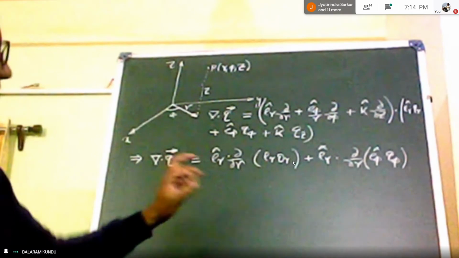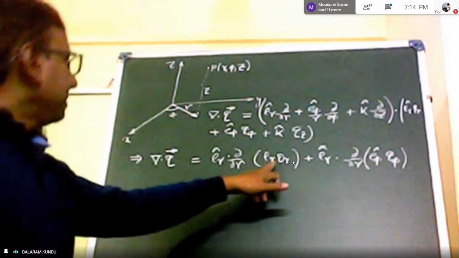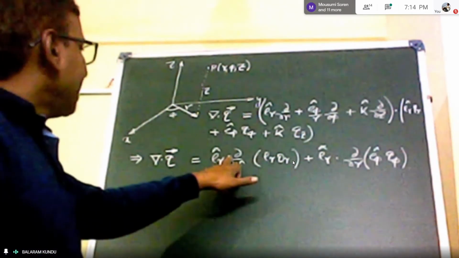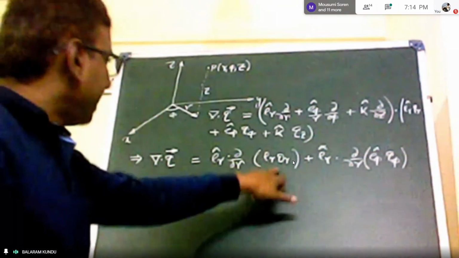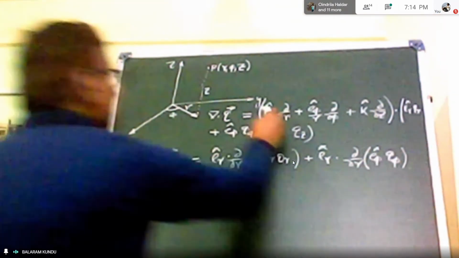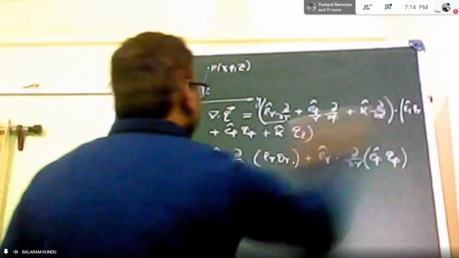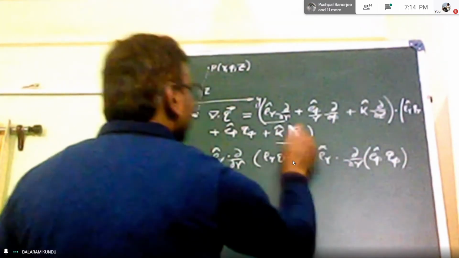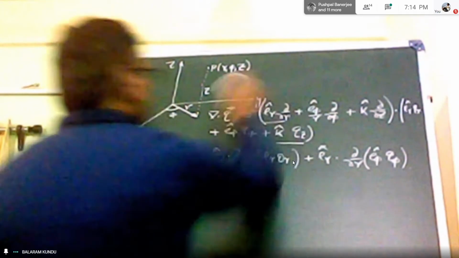So if we differentiate these things and expand this, another expression I have to write. This term dot product, another term is there, so this term dot these two.